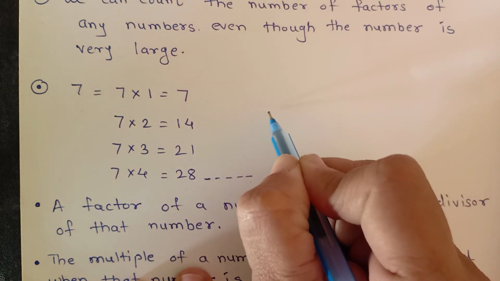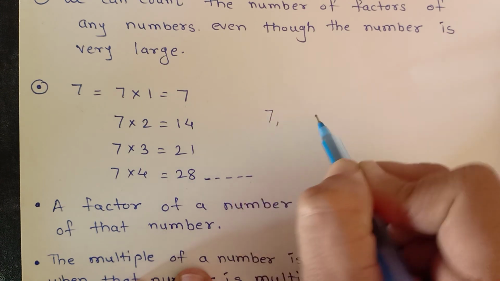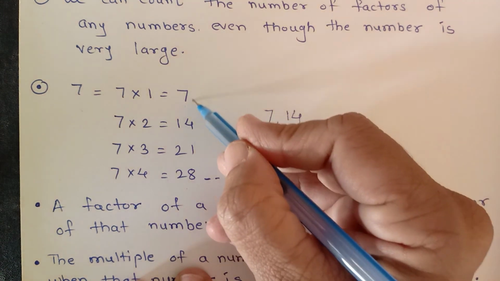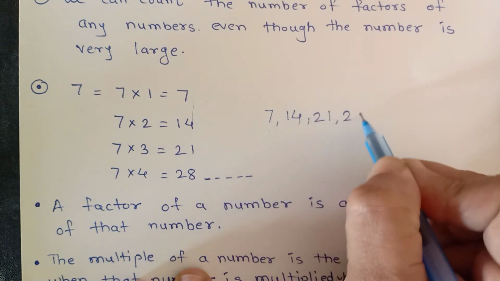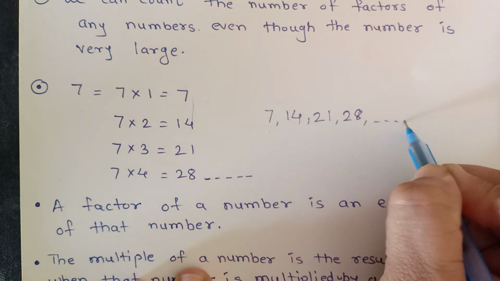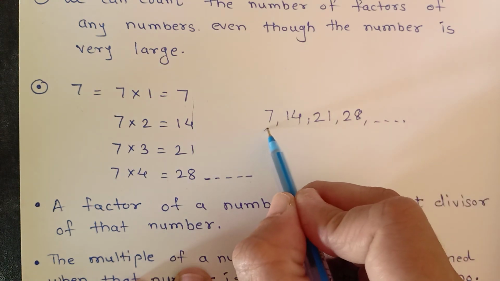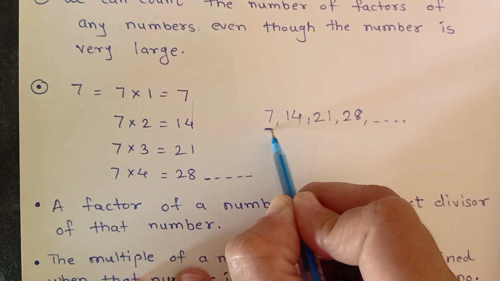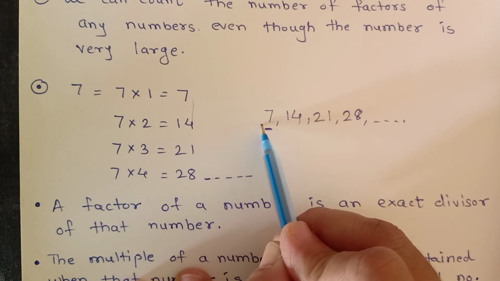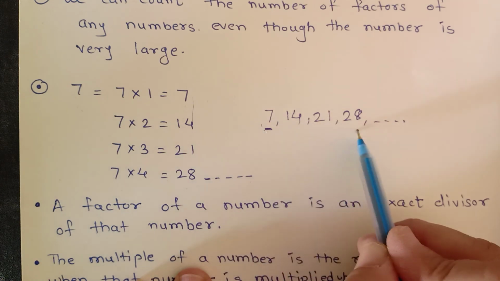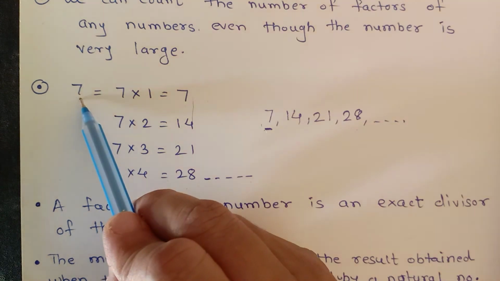Our first multiple is 7. Next is 14, next is 21, next is 28 and so on. 7 is the first multiple of 7, so it is equal, and the other multiples are greater than 7.